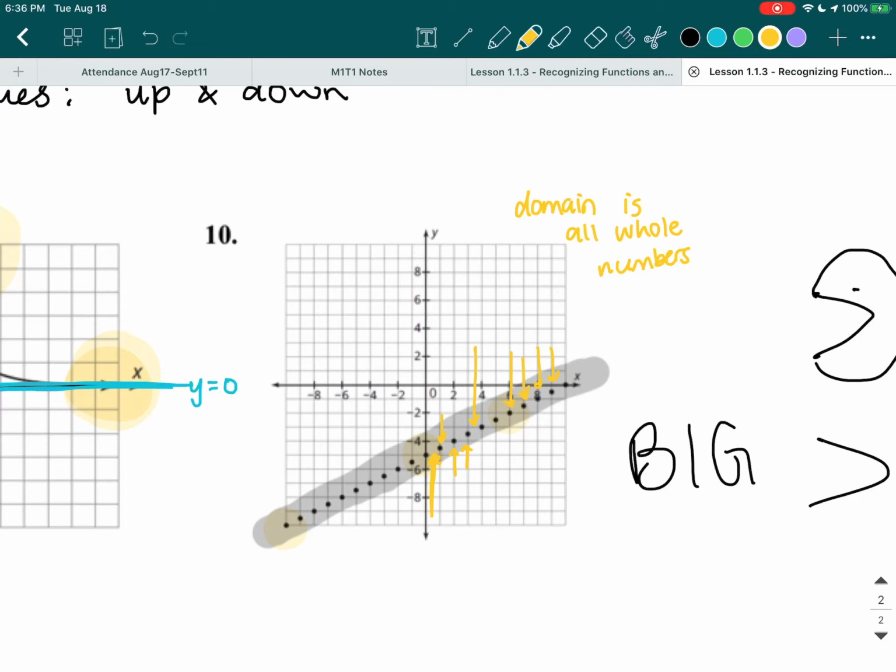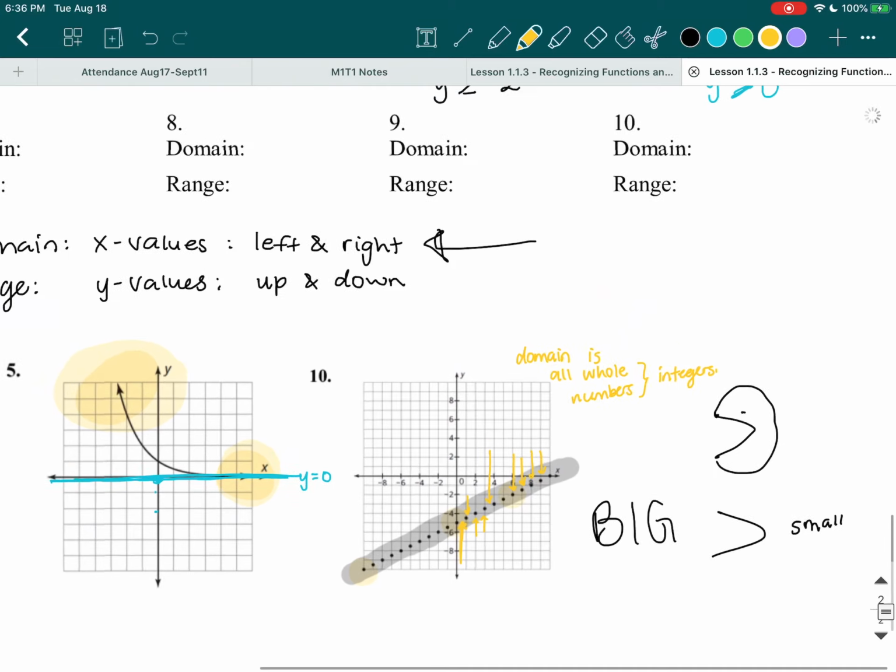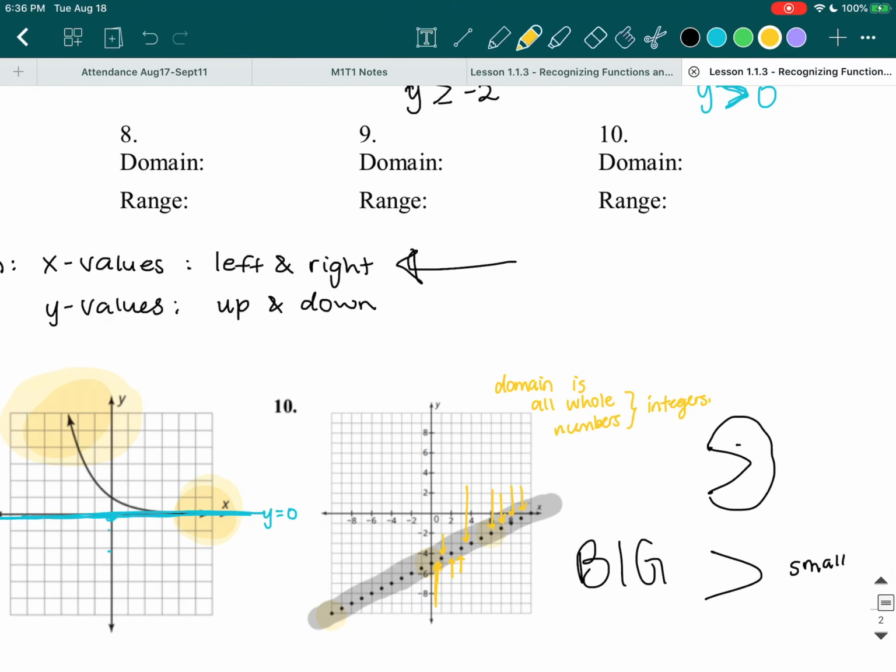And so the very specific math way to say whole numbers is the same thing as integers. I'll write it neater up top. So for domain, the domain is all integers. See, that's neater. Okay, so because it's made of dots, it's all the integers because those dots are at all the whole numbers.